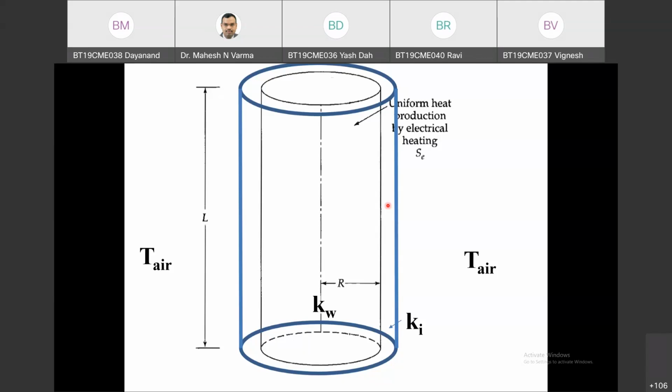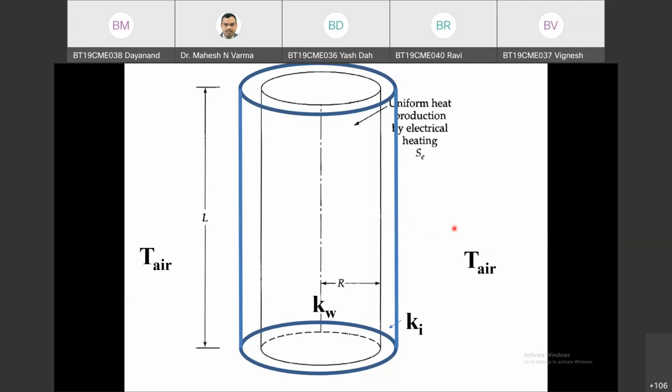Sir, as we related the wire temperature and the air temperature with Newton's law of cooling, the same thing can be done here. The wire temperature is not exposed directly to air. The wire is insulated by this insulation, and that insulation is exposed to air.